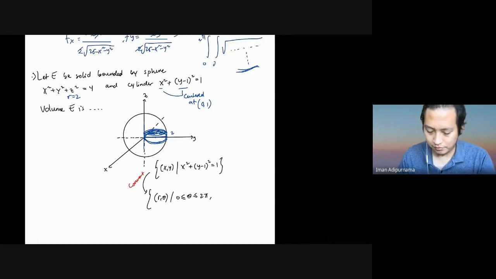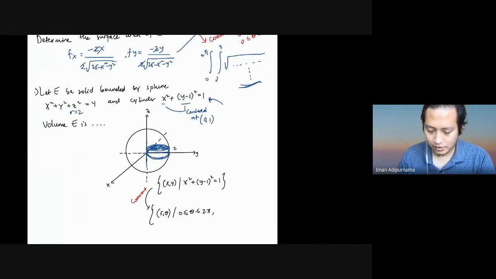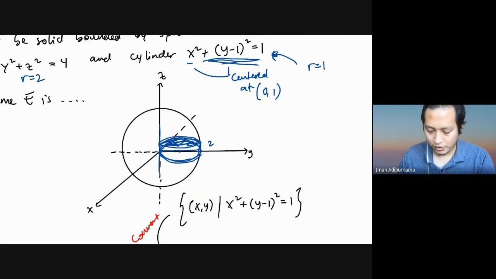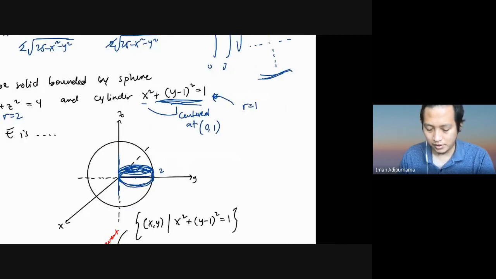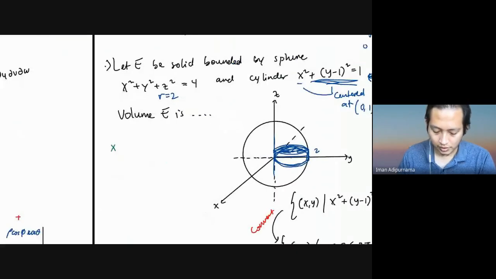Because if you look at the equation here, the r is 1, right? But can you imagine what this shape is from this picture? Okay, now if you look here, x squared plus y squared plus z squared, or maybe from here, let me just write x squared plus y minus 1 squared equal 1.